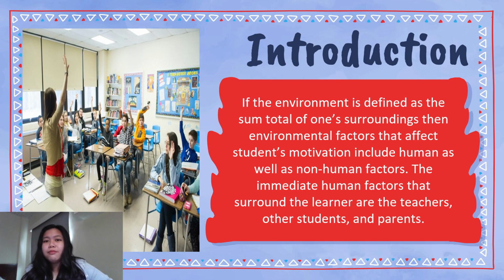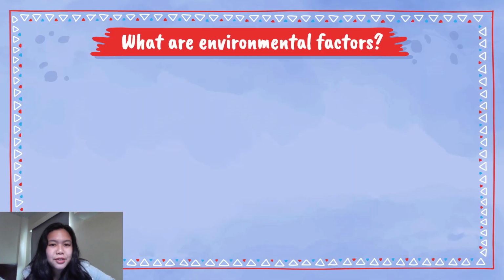They are just place. When we say human, those are people that surround the learners: the teacher, other students, which are the classmates, and also the parents. The parents are always involved with the student. Now we already know what environmental factors are.